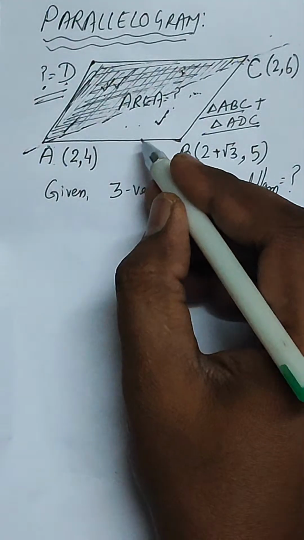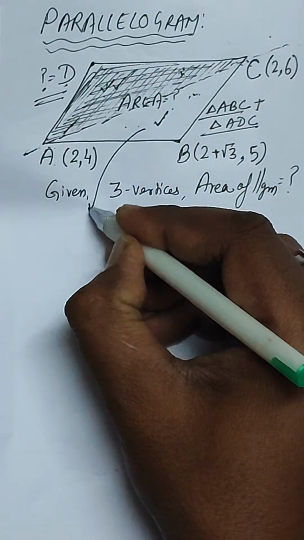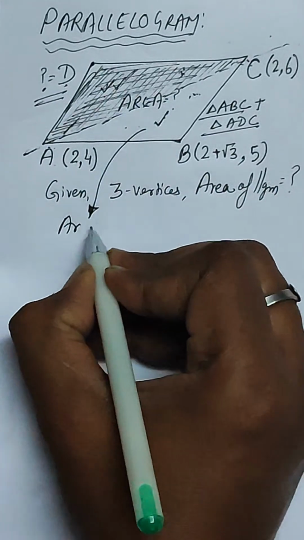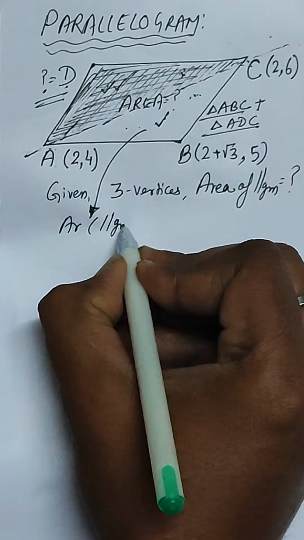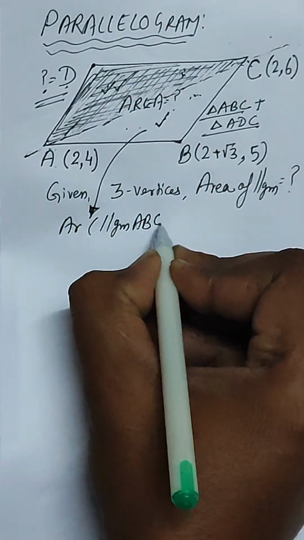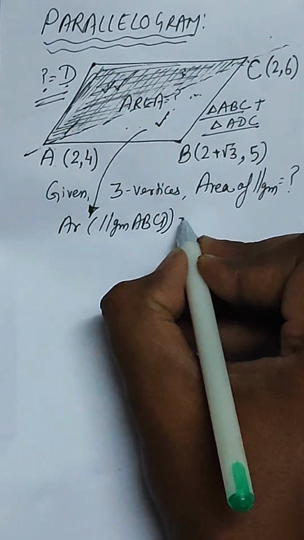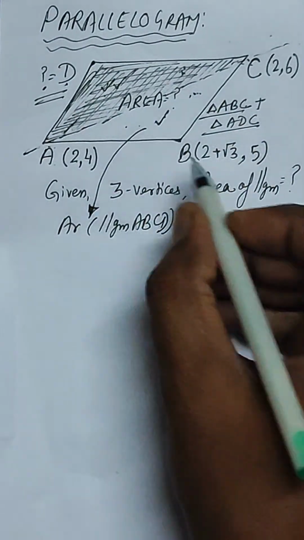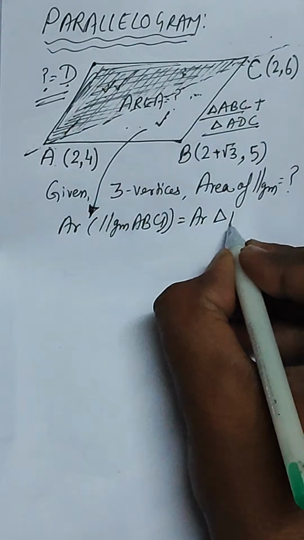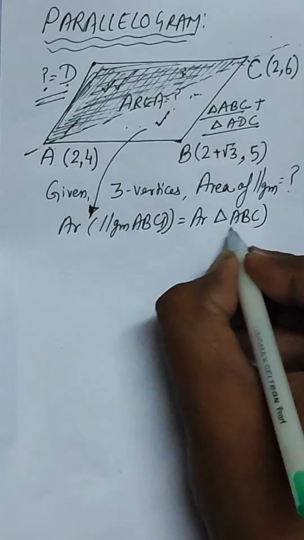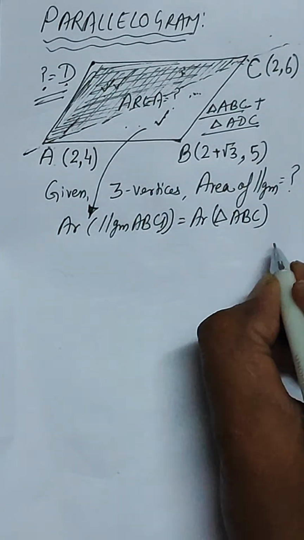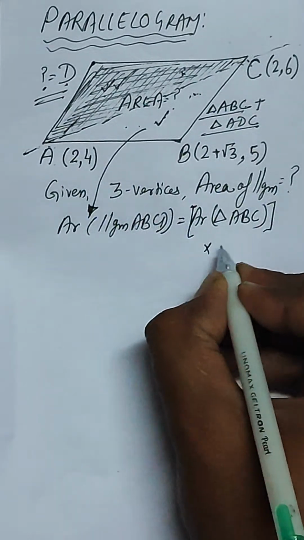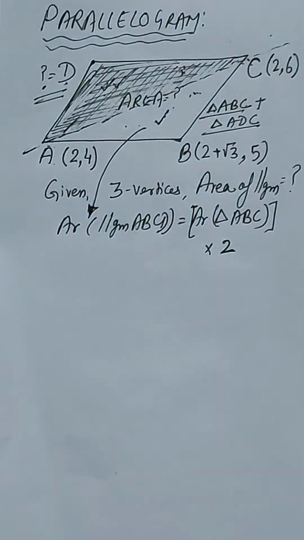So let me write: area of the parallelogram ABCD can be written as area of triangle ABC multiplied by 2. Why multiplied by 2?